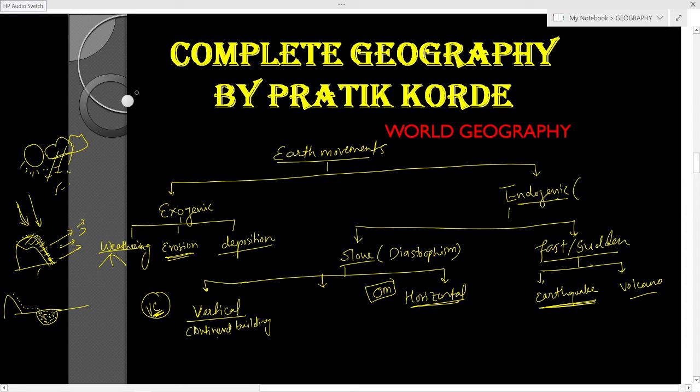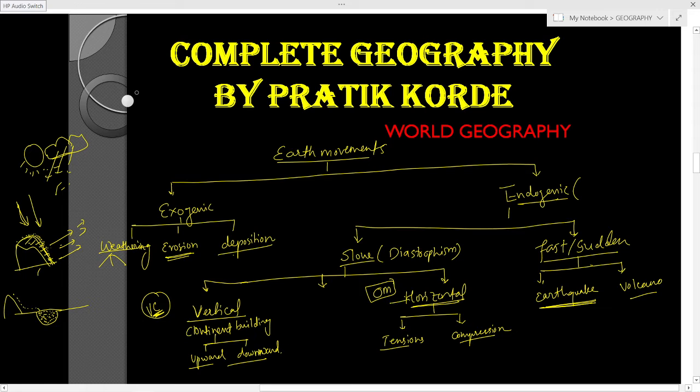If there is a continent which is building, it will be either upward or downward movement. If we talk about horizontal movement, there'll be block mountains and fold mountains. So either it will be tension or compression. And H here is horizontal.